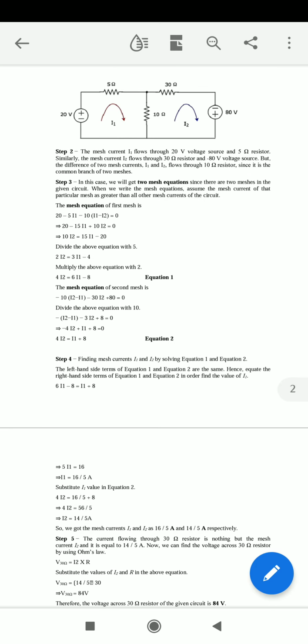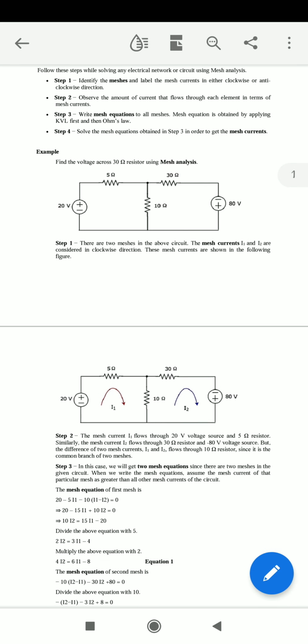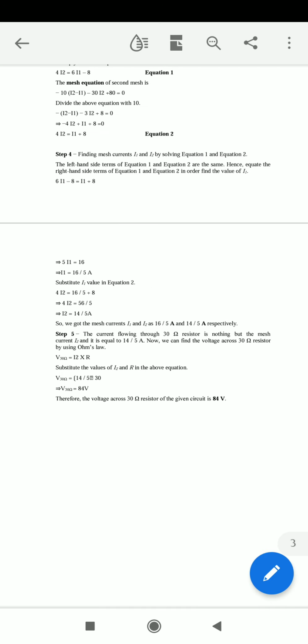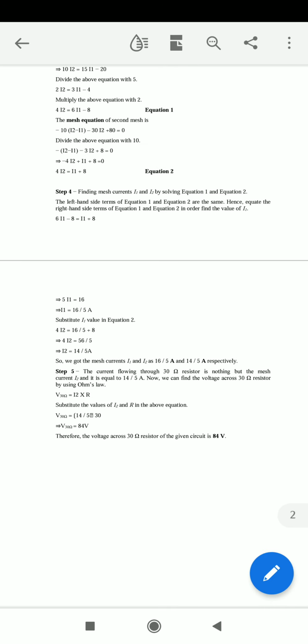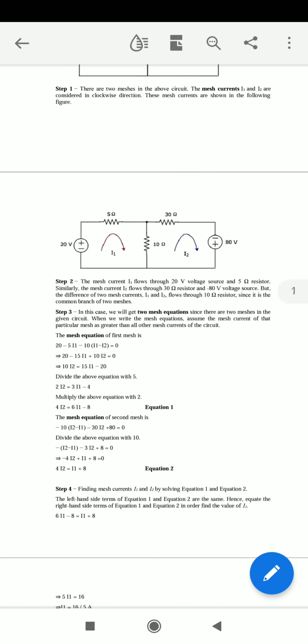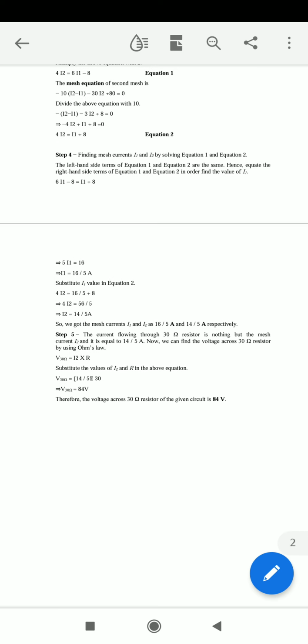In our question, we must find the voltage across the 30 ohm resistor. Now we have found the I1 and I2 currents. The current flowing through the 30 ohm resistor is nothing but the mesh current I2, because only I2 flows through the 30 ohm resistor. So I2 equals 14 by 5 ampere.